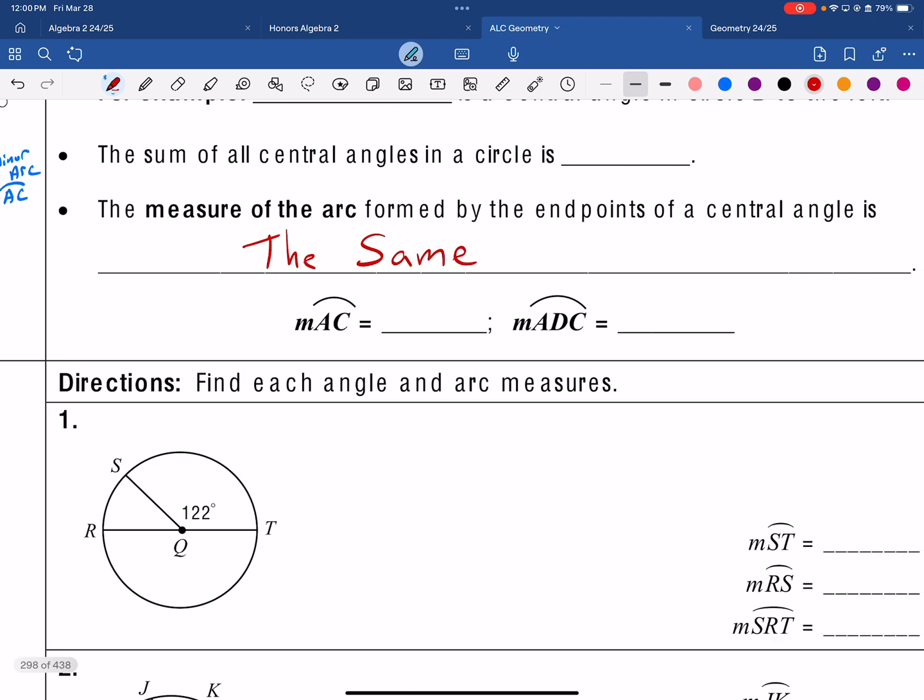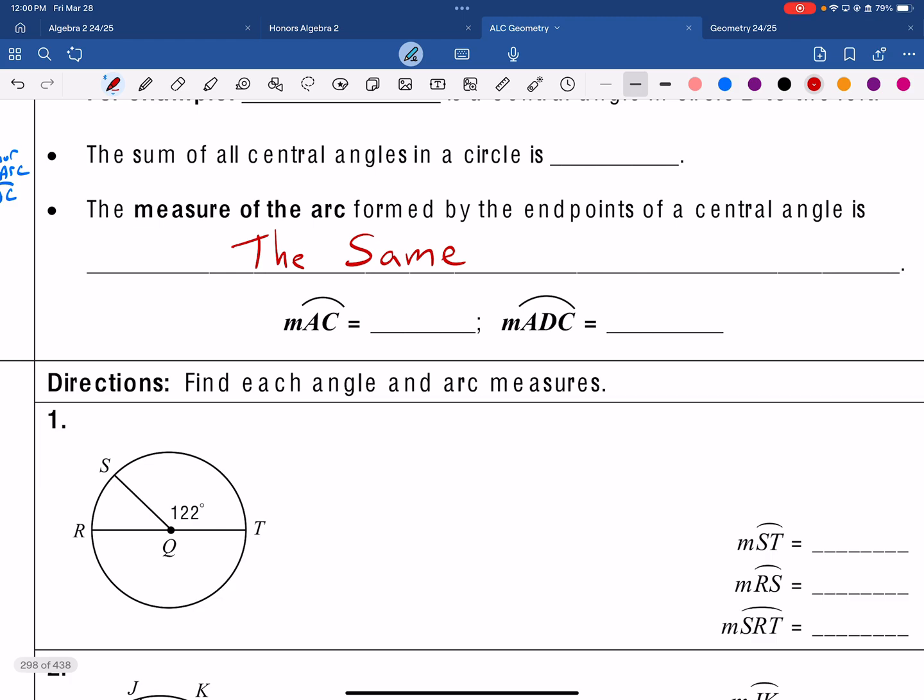So if you know the measure of a central angle, you know the measure of the arc that that central angle creates. It's exactly the same.